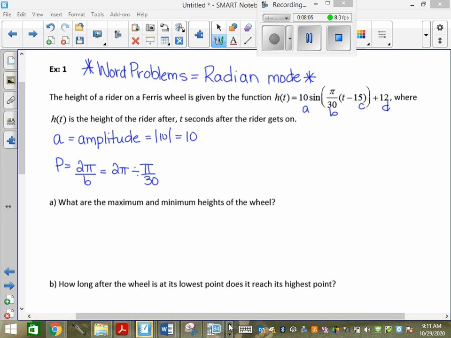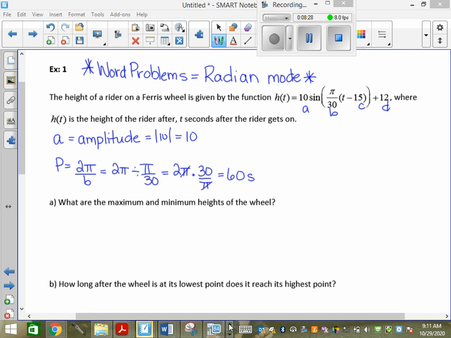I write them sideways because I'm going to have to flip and multiply, right? So I'm going to get 2 pi times 30 over pi, which is 60. So this thing repeats itself every 60 what? Seconds.